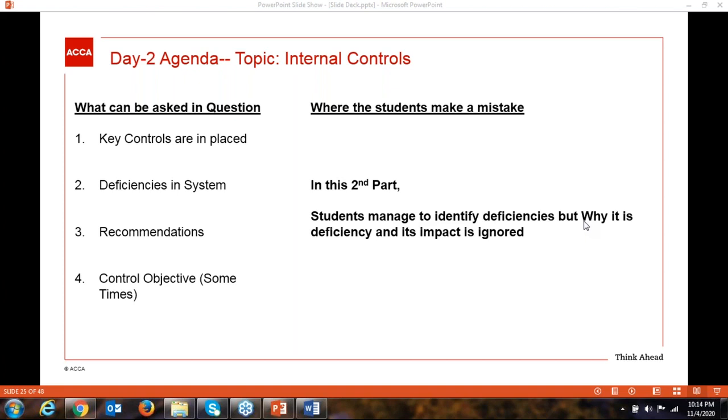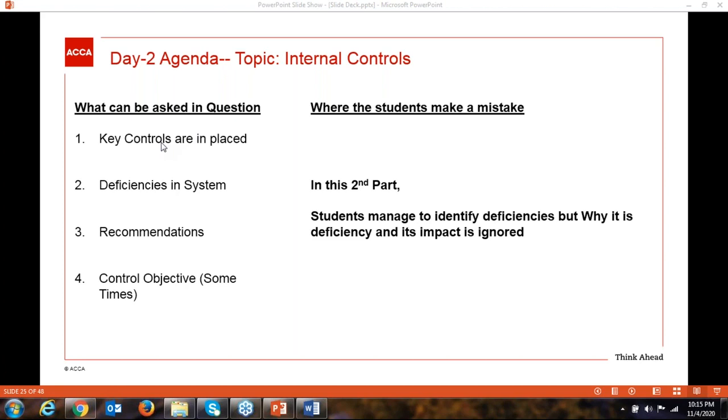If the examiner asks you about the key controls which are in place in the organization, it means there are some key controls mentioned in your case study which you need to identify and mention in your answer. Listen to me carefully once again.